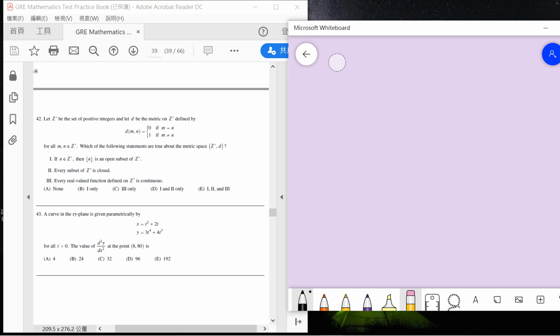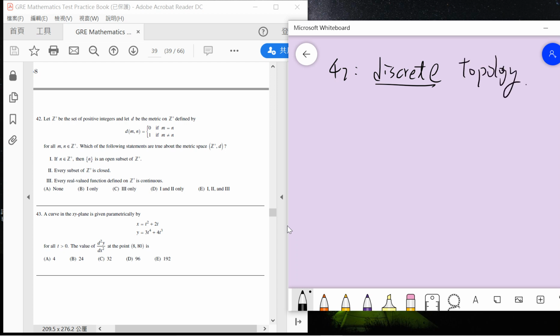Okay. So 42, this problem is famous in topology or advanced analysis. I will leave the link below so you can go check. Basically, this is mentioned in the Apostol and Rudin analysis courses. This is called discrete topology.